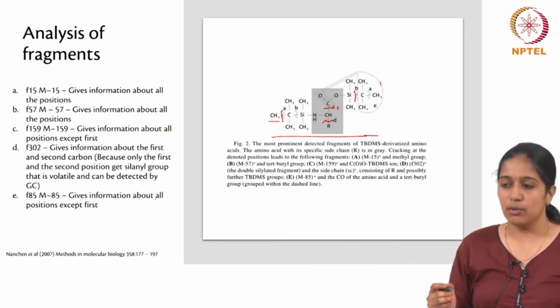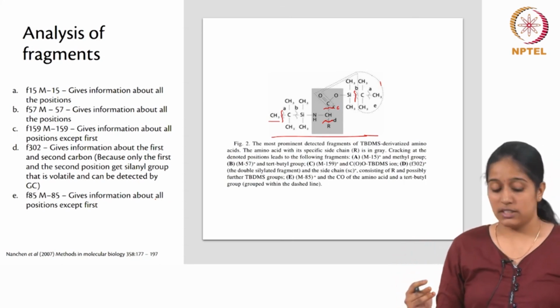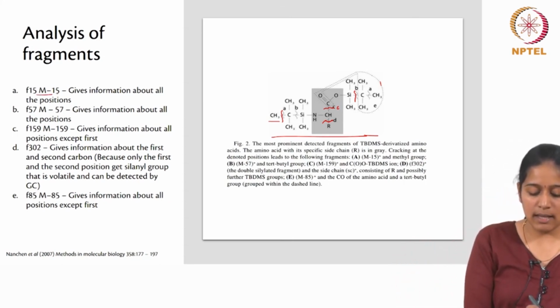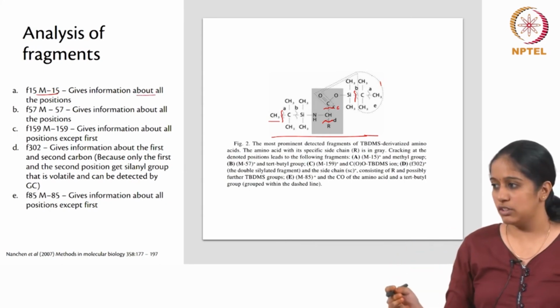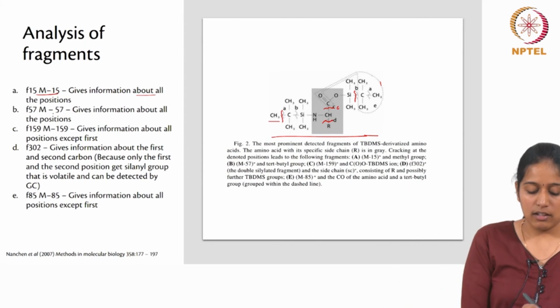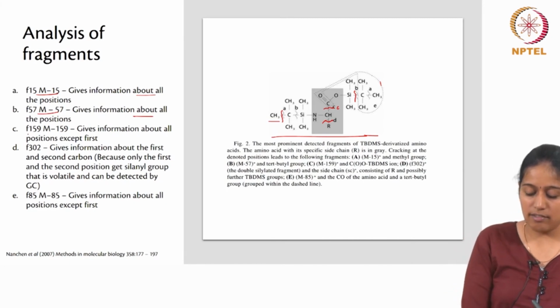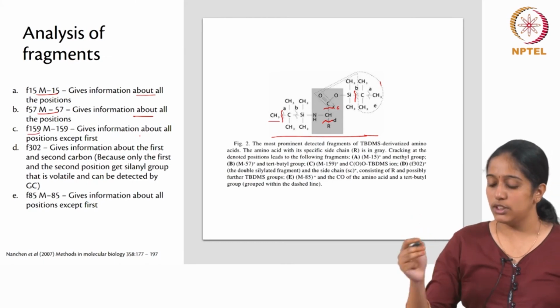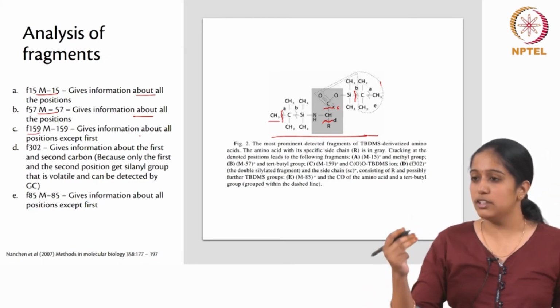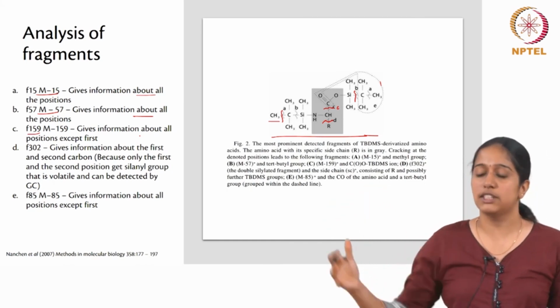For instance, if you were to take a 3 carbon amino acid and analyze the M minus 15 fragment, it gives you information about all the 3 positions. And if you take M minus 57, it is again going to give you information about all the 3 positions, whereas F159 gives you information about all the positions except the first, simply because the first gets cleaved and is not detected by the GCMS detector.